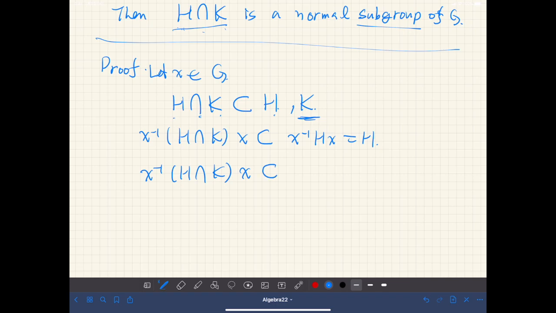X inverse H cap K X is a subset of K. So we have this and we have this.